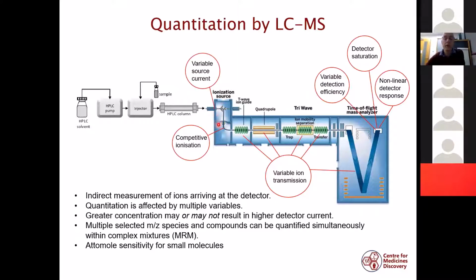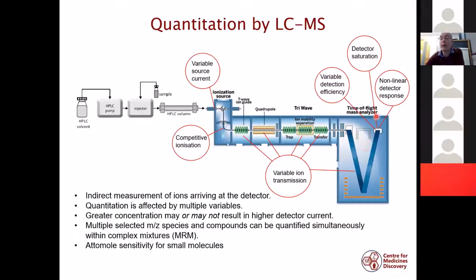Also, inside the source, there will be competitive ionization taking place. So some species will ionize preferentially over others. Once we get into the ion optics of the instrument, different ions will have varying degrees of ion transmission. So some ions may be transmitted more efficiently than others.